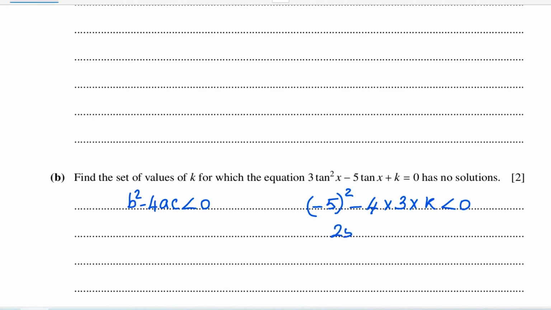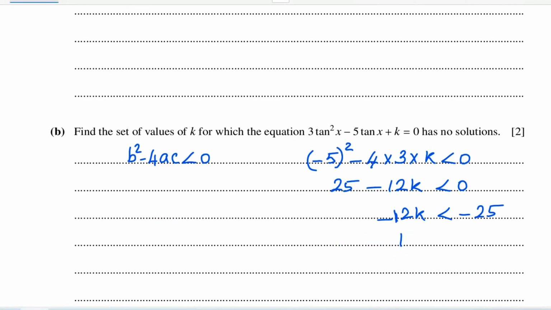So 25 minus 12k is less than 0, or negative 12k is less than negative 25. 12k is greater than 25. So k is greater than 25 over 12.